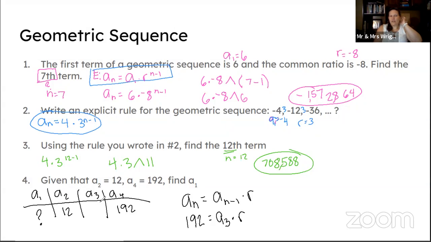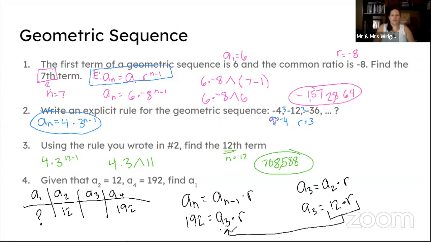Now, we don't know what A sub 3 is, but we can figure it out. A sub 3, if we use that same recursive formula, is A sub 2 times R, and we know A sub 2 was 12, so 12 times R. So if we take this formula and plug it in right where A sub 3 is, then we'll be able to figure out what our R is.